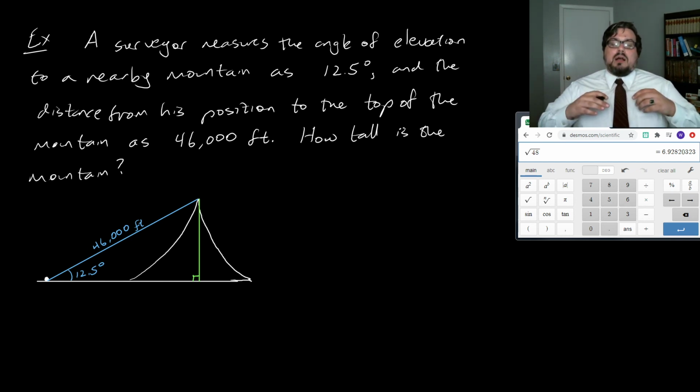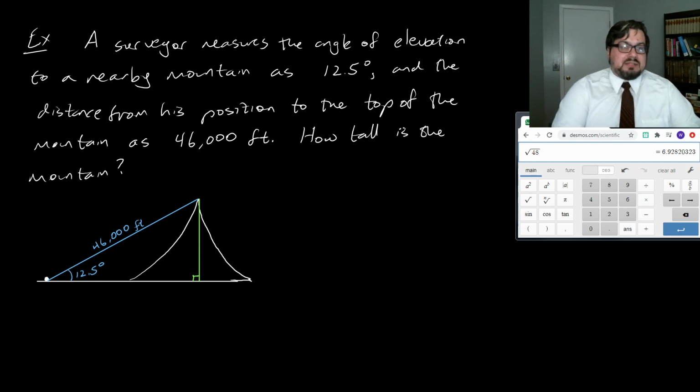Now, note that we don't actually have to solve the triangle here in order to answer the question. To solve the triangle means that we would be looking for this angle and this length, as well as the length of the green segment, but we aren't interested in that. The problem is just asking us to say how tall is the mountain, and that we can do.